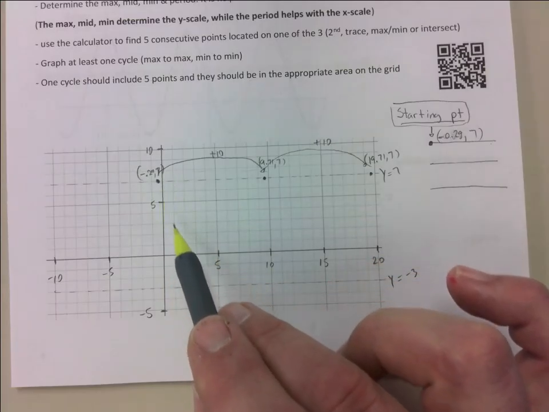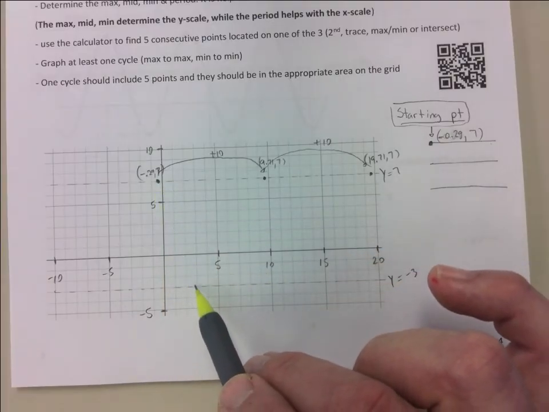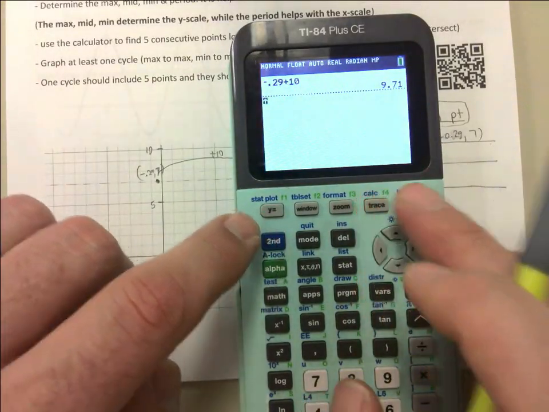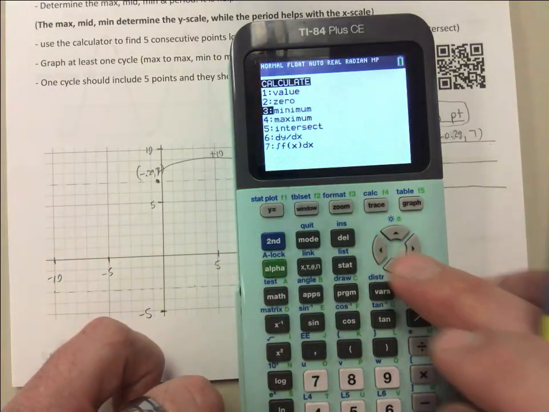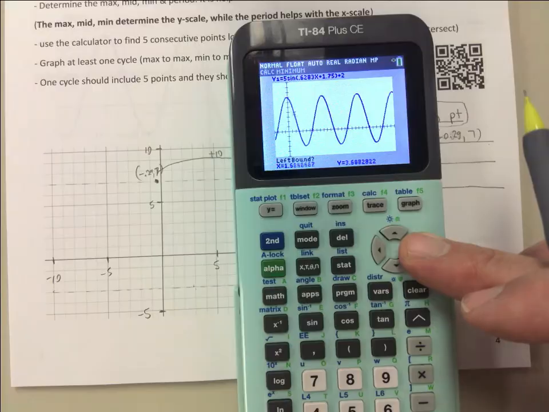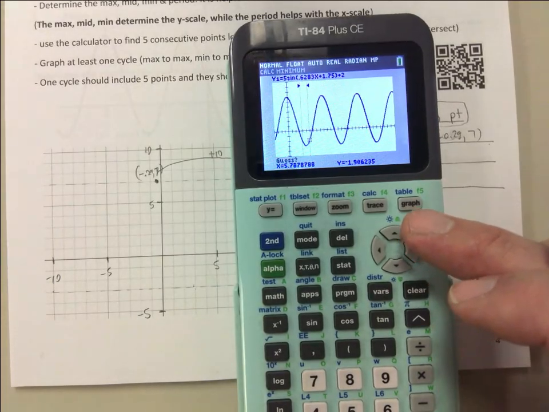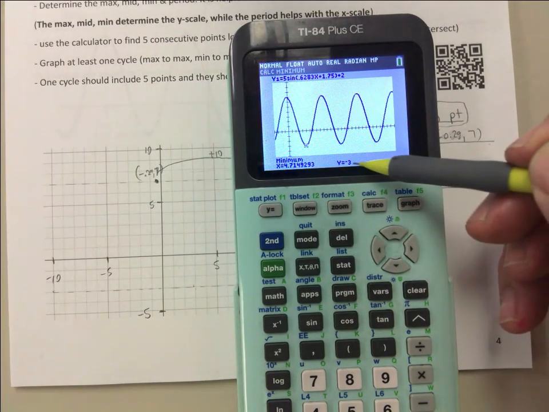I'm going to find the first valley right after that peak, the lowest point. You go second, trace, min, go find that low point. You go enter, enter, enter. That is 4.71, negative 3.